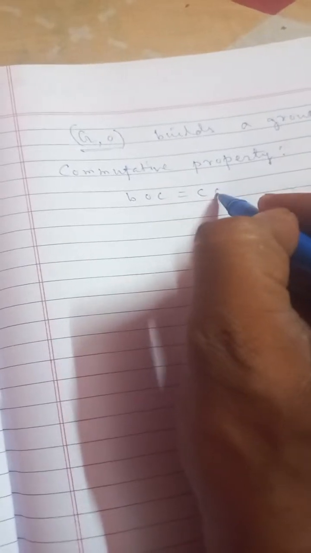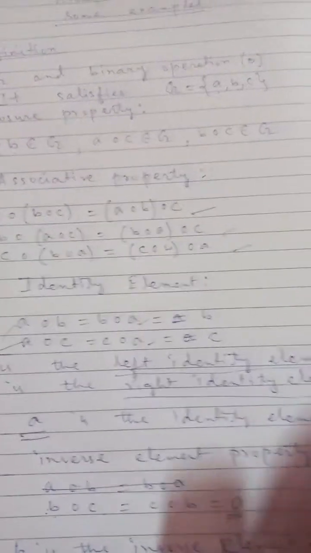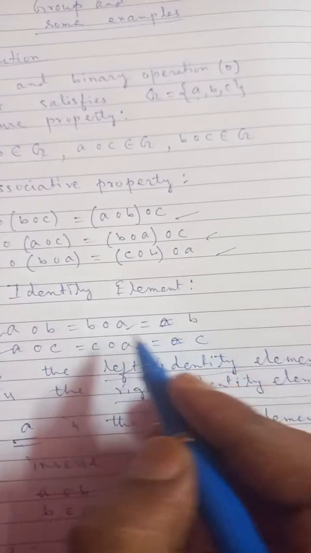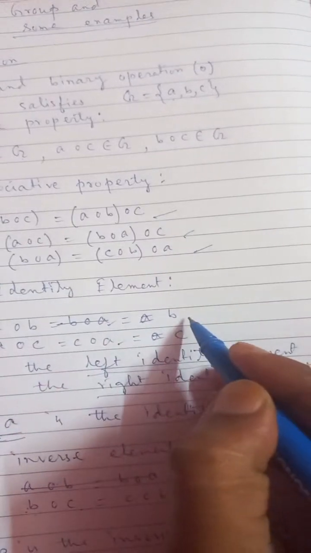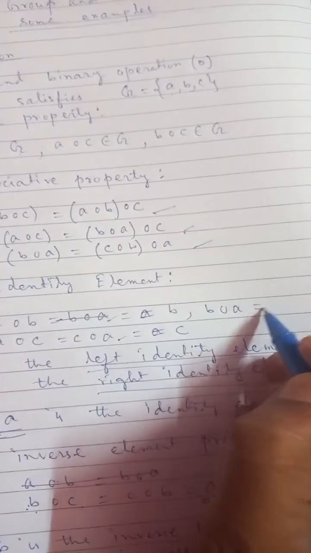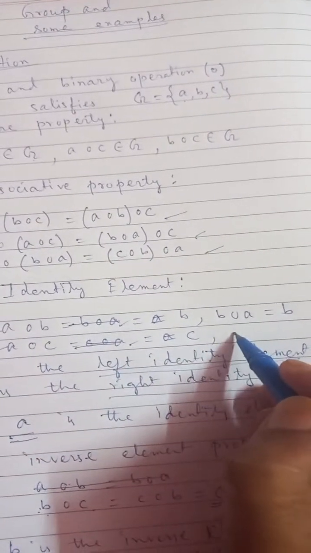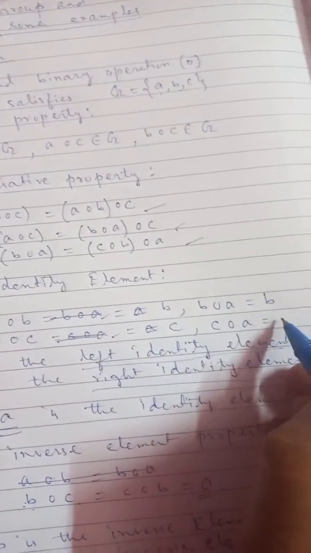Here B omicron C equal to C omicron B. If this happens, then we say that here we actually write down A omicron B is equal to B, and this is written B omicron A is equal to B. A omicron C is equal to C and C omicron A is equal to C.